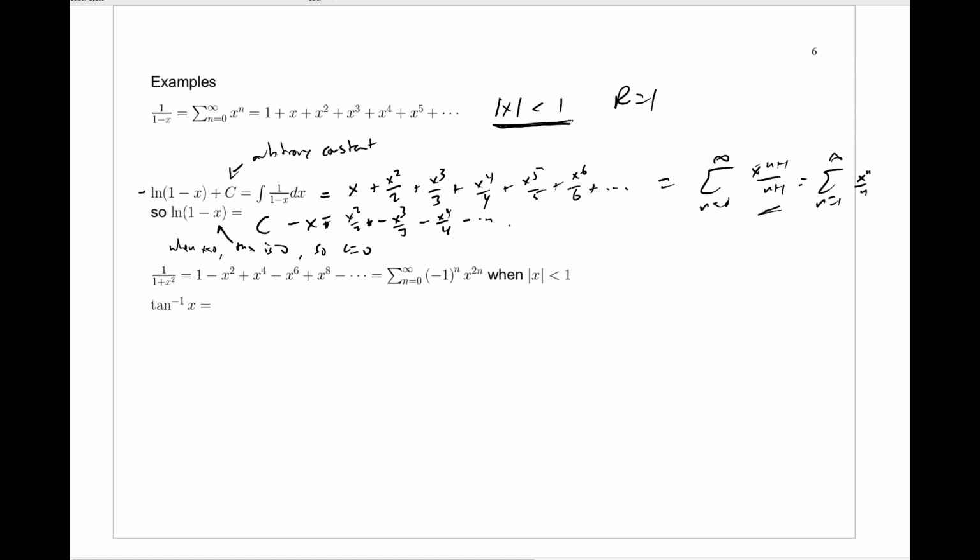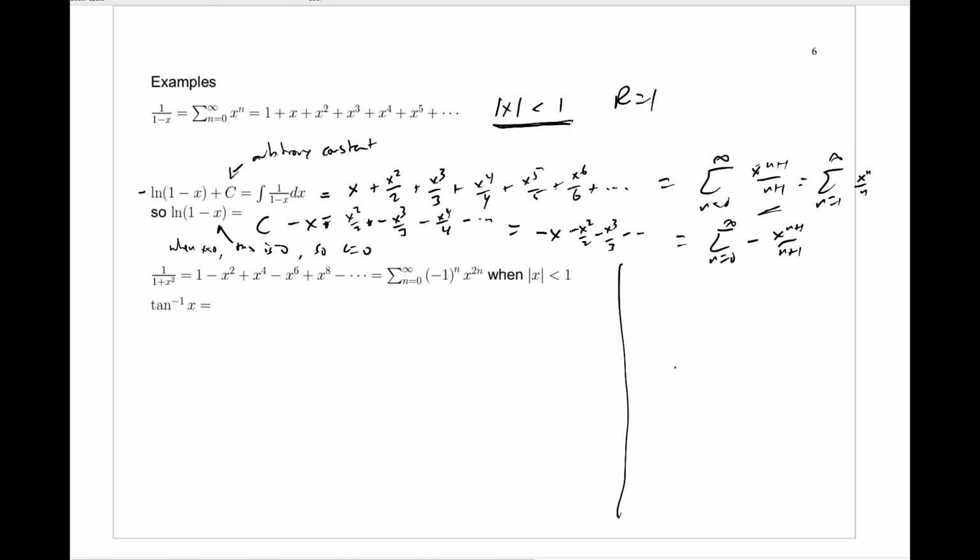So let me write this again. We know when c equals 0, log of 1 minus x has to be exactly minus x, minus x squared over 2, minus x cubed over 3, etc., which is just a sum from n equals 0 to infinity of minus x to the n plus 1 over n plus 1.